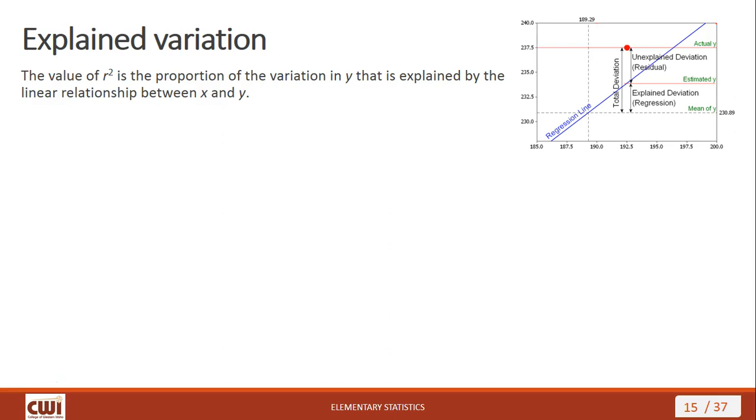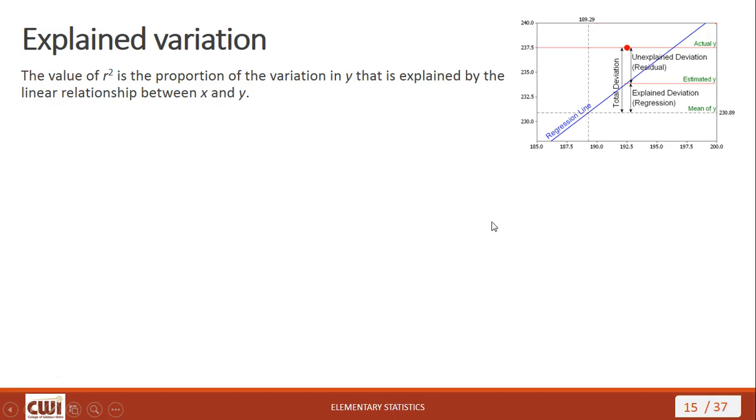Now, graphically, you can see in the chart there on the top right of your screen, there's explained deviation and unexplained deviation. An explained deviation or explained variation is simply the distance between your regression line and the mean value of y for any particular data point.